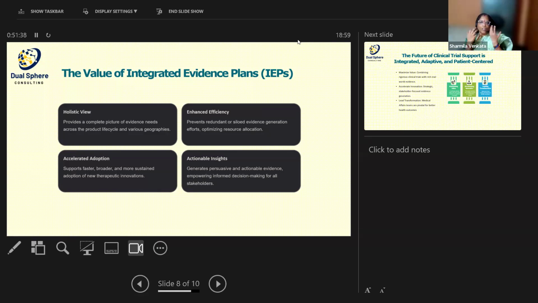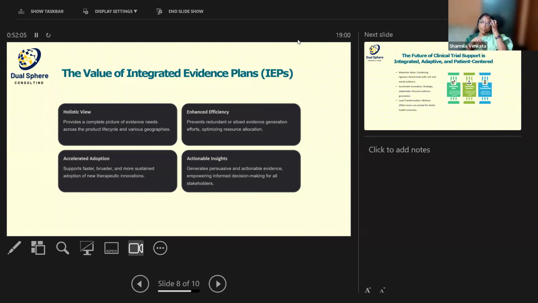One oncology integrated evidence plan coordinated survival data collection for regulators, cost effectiveness modeling for payers, and quality of life surveys for patients, all using the same trial population. This means no duplicated work and consistent messaging across stakeholders.